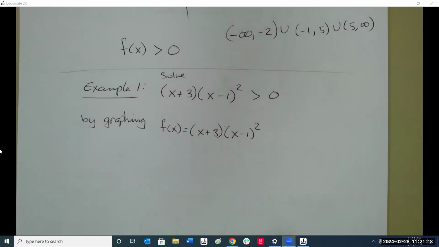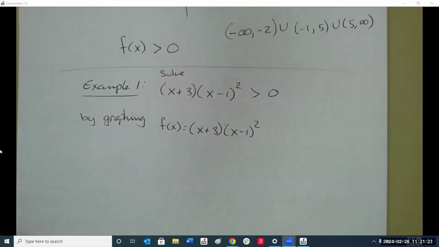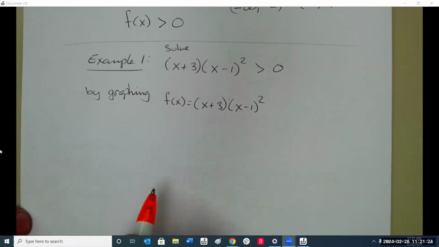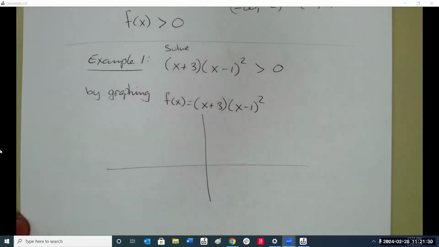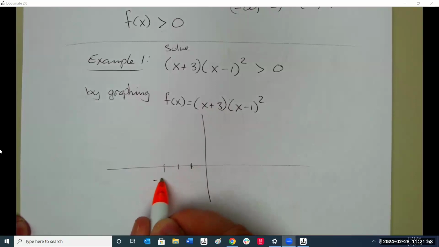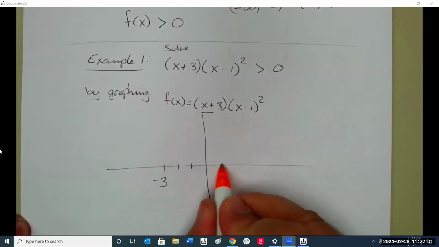It's kind of redundant because that's the only way we can solve it, by graphing it. So what are my x-intercepts? -3, you're right from that one, and +1.